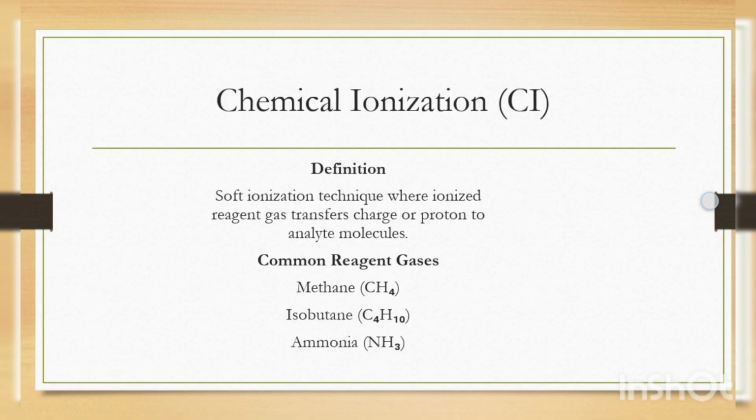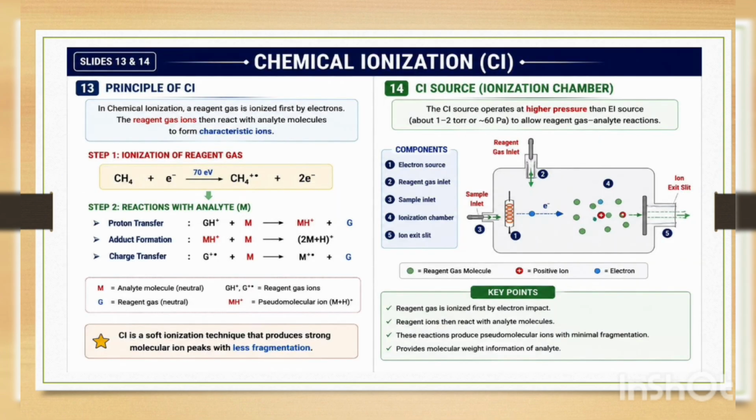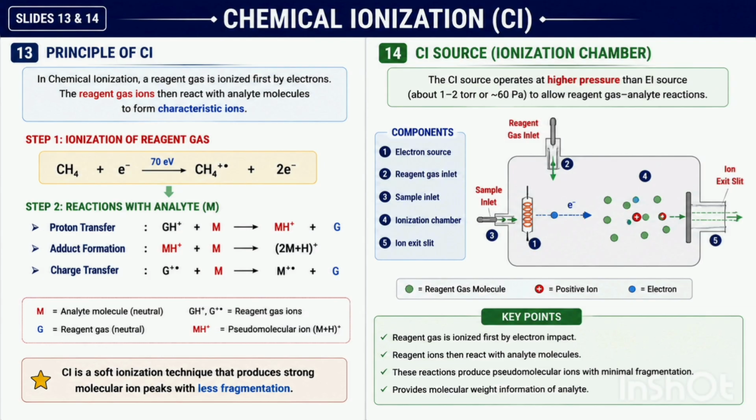The important concept is that electrons first ionize the reagent gas, then the reagent gas ions react with the analyte. As a result, the analyte often forms a protonated molecule or another related ion because the analyte receives much less excess energy than in EI. Fragmentation is greatly reduced. Therefore, CI is especially useful for determining molecular mass.